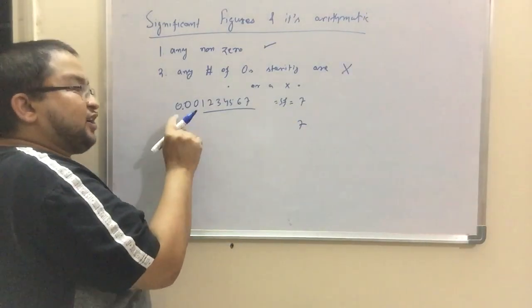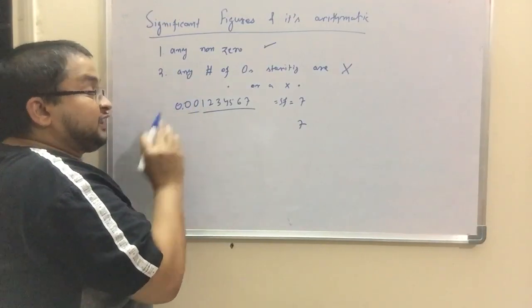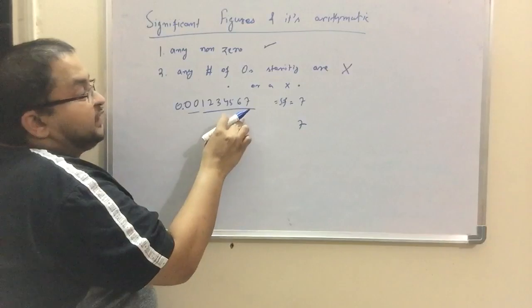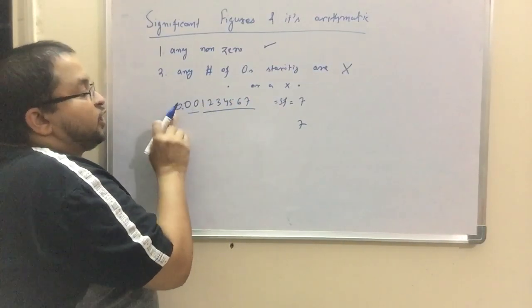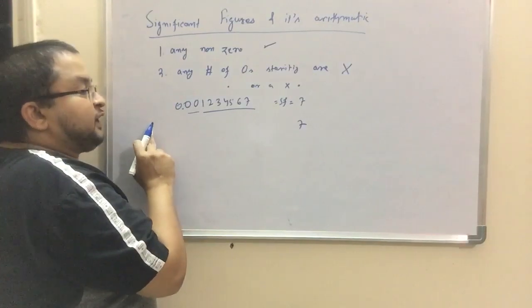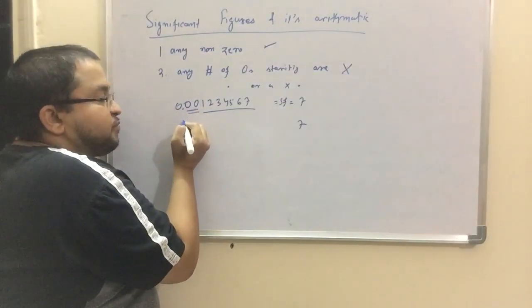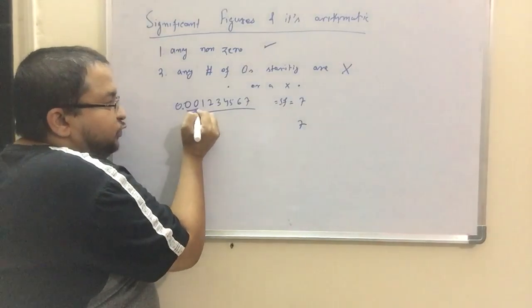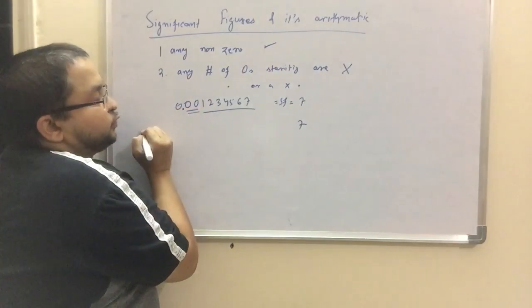Though we understand that when we have a decimal point, these do decide the value of this number. I'm not saying they are not deciding the value of this number, but when we are talking in physics about significant figures, the significance of these zeros is not that high, because these are used only to indicate where your decimal point should be.